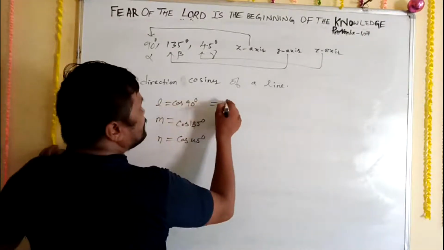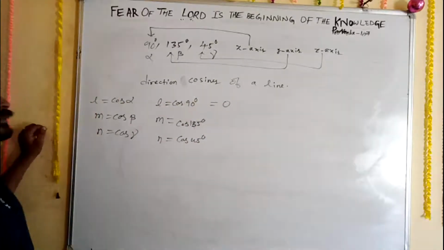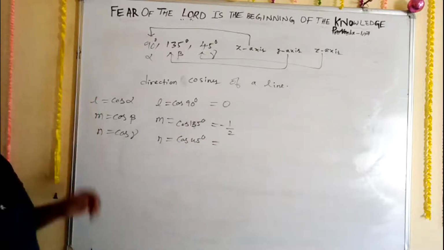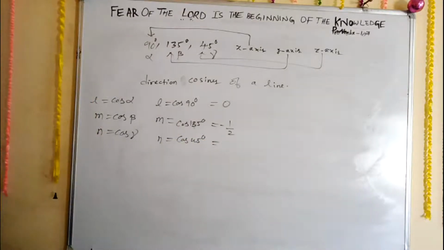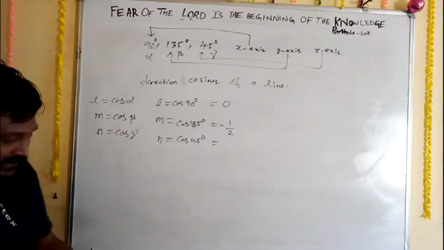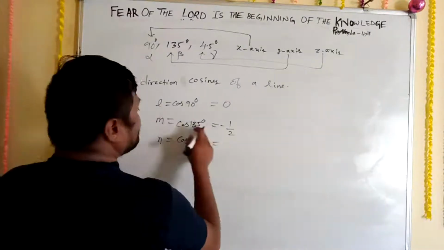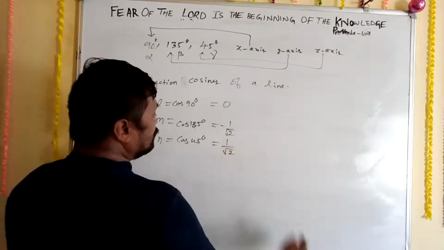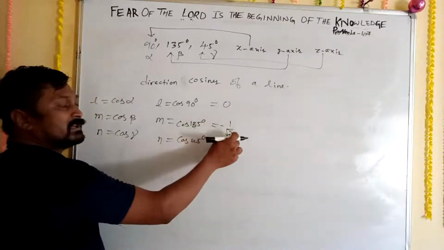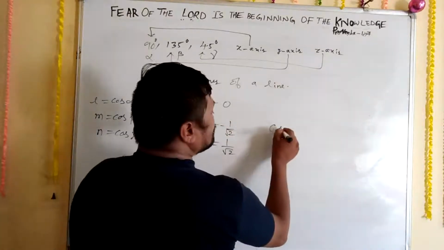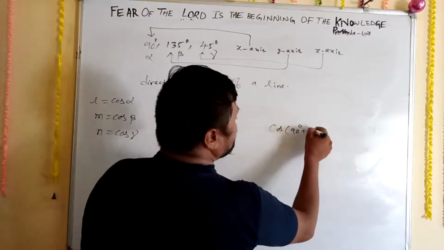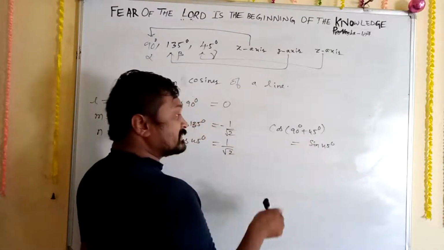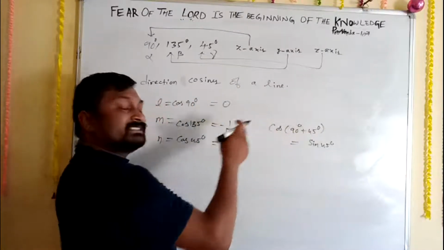Now cos 90 degrees is nothing but, as you already know, 0. And cos 45 degrees is nothing but 1 upon root 2. So how did you get minus 1 upon root 2 for cos 135? cos of 90 plus 45 we can write as minus sine 45 degrees, because that is in the second quadrant.